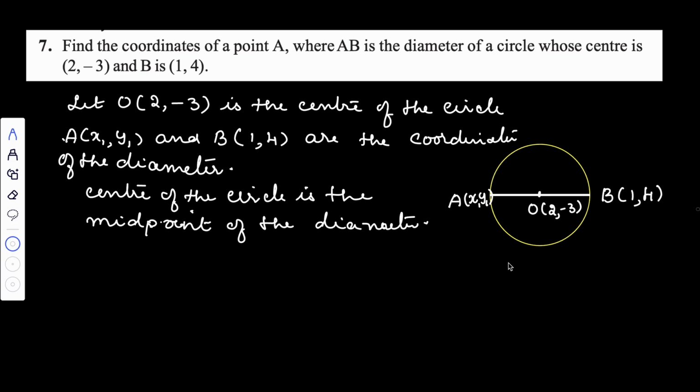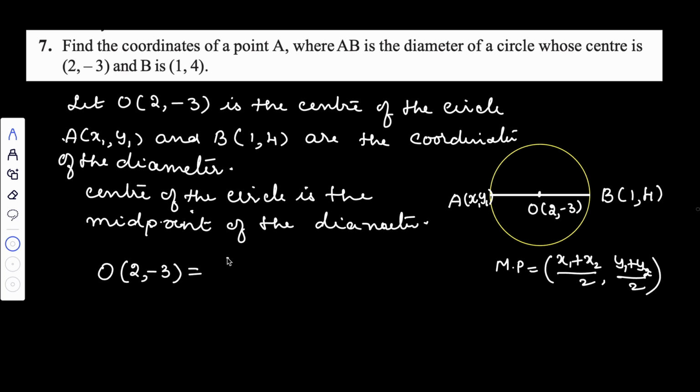Now here we are using the midpoint formula, (x1 plus x2) by 2 and (y1 plus y2) by 2. So here O (2, minus 3) is equal to, here we'll get (x1 plus 1) by 2 and (y1 plus 4) by 2.